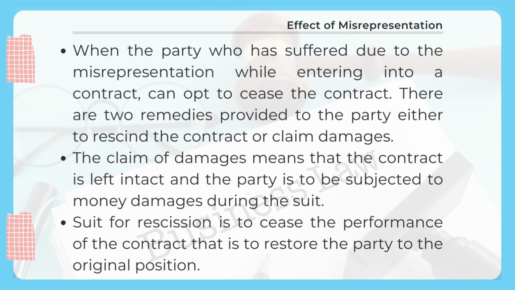And the claim of damages means the contract is left intact and the party is entitled to claim the damages that have been suffered during the contract. A suit for rescission is there to cease the performance of the contract so as to restore the party to the original position as if there was no contract. So, these two rights and remedies are available in the hands of the aggrieved party.